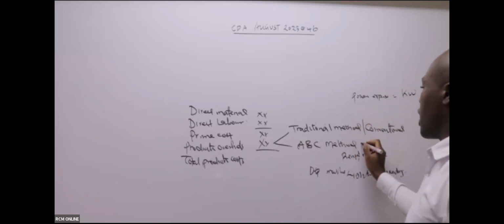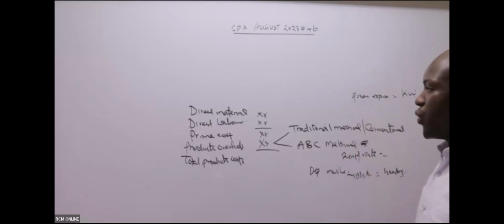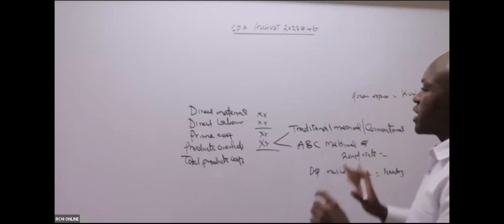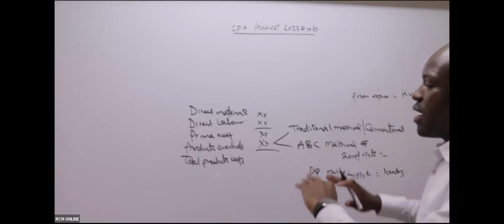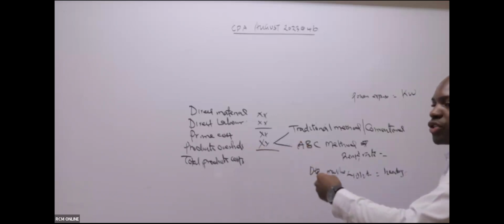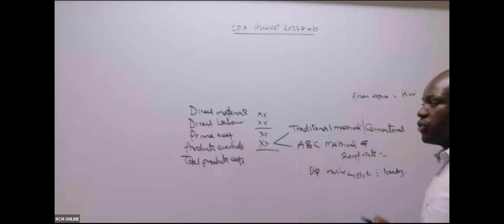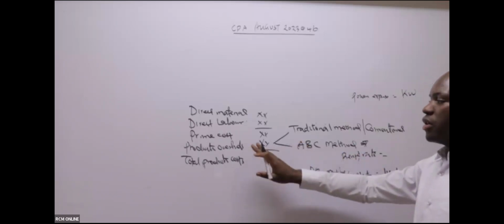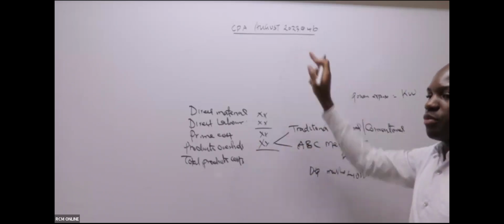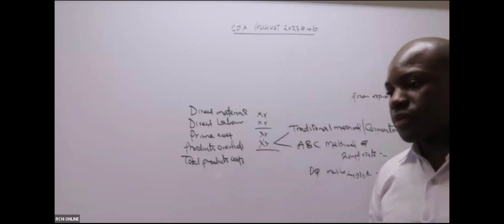So that's what you're going to do under activity-based costing. But under traditional or conventional costing method, you basically pick one of the cost drivers and use it to distribute the entire production overhead. So let's go to the question and see what is presented there.